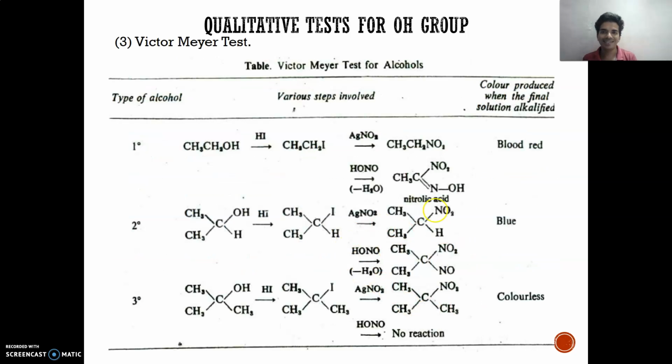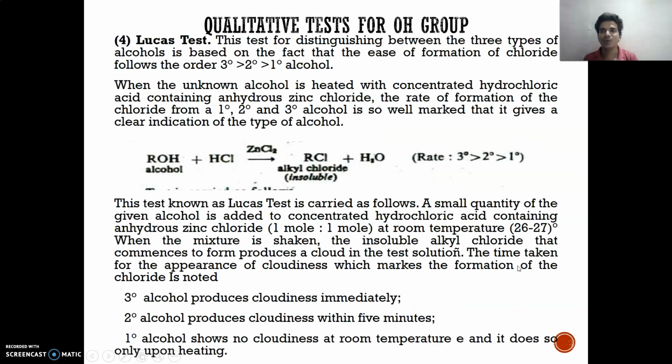In this test the same catalysts and the same reaction conditions are used, only primary, secondary and tertiary alcohols give different color reactions, which gives an idea about the type of alcohol.